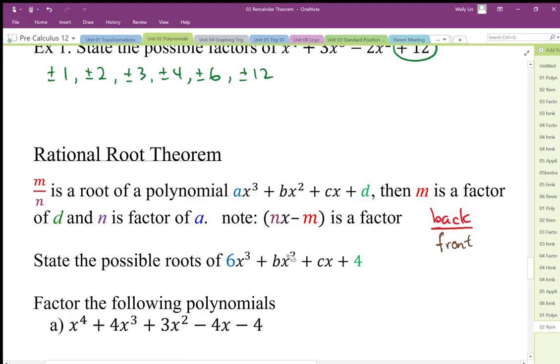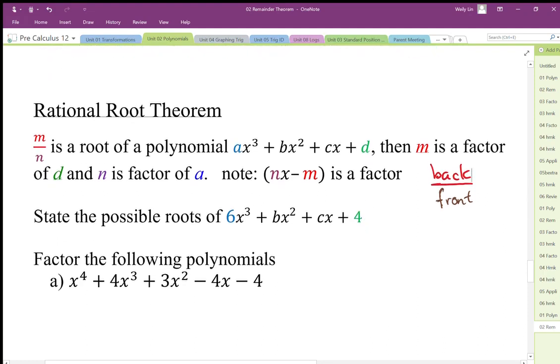So when I have this polynomial here, I know that my whole number roots, or my integer roots, are going to be factors of 4. But I also know that there are possibilities of those roots being divided by factors of 6. Now, in the end, we're probably never going to test fractional roots, but we should know the possibilities that they exist.